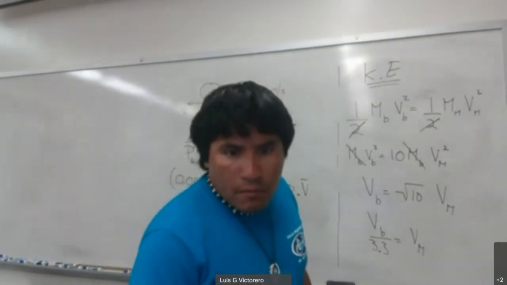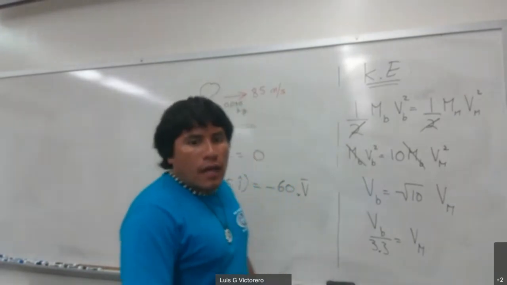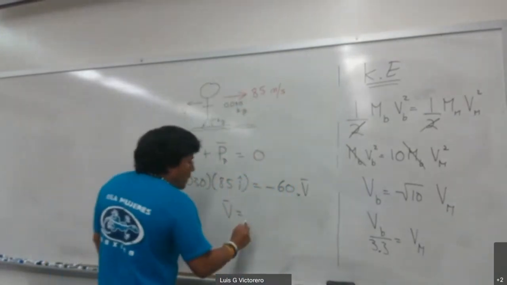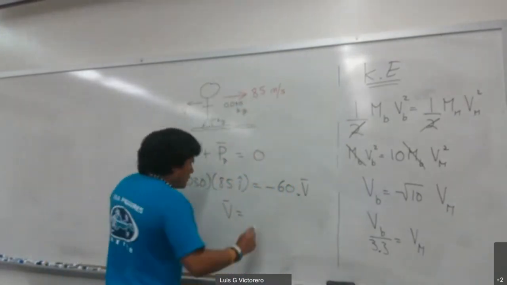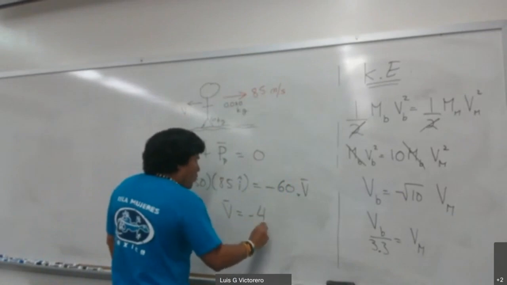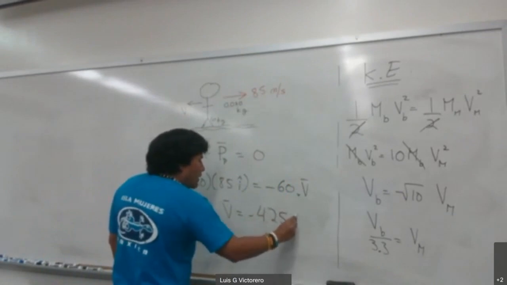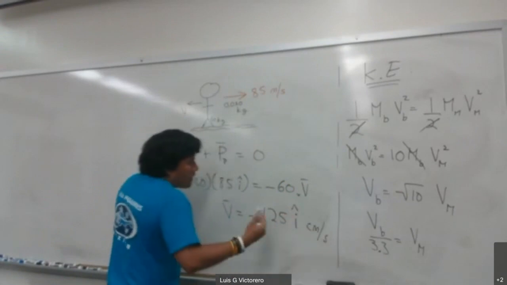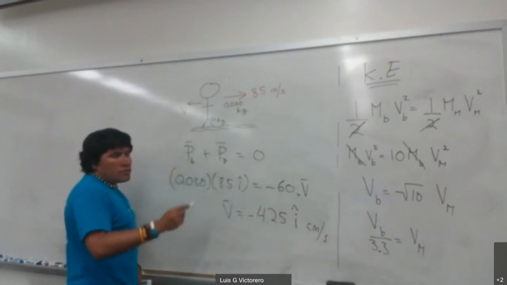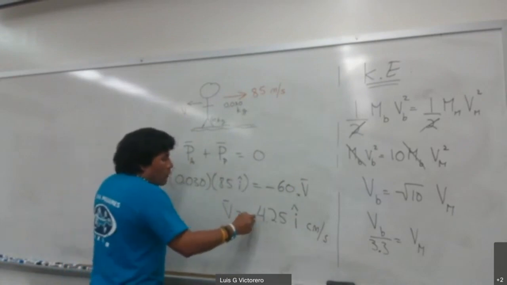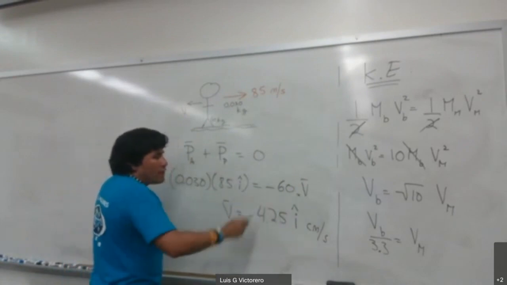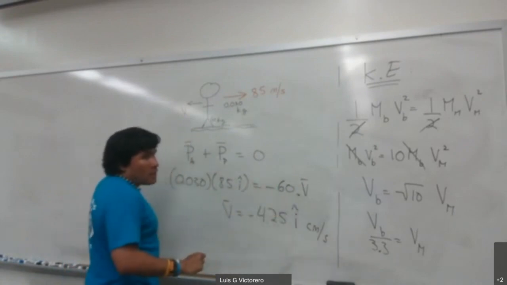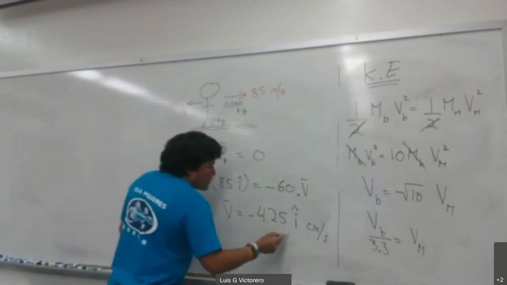If I do the math, I get minus 4.25 i centimeters per second. Clearly it has to be in centimeters per second because it will be very small. It will be 0.0425 i meters per second. So we just put it in centimeters per second.